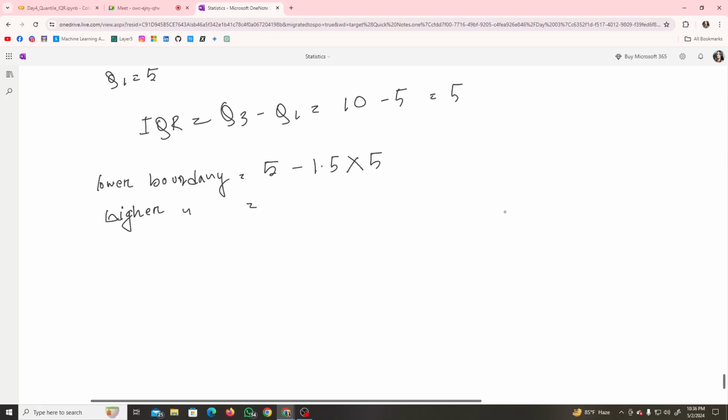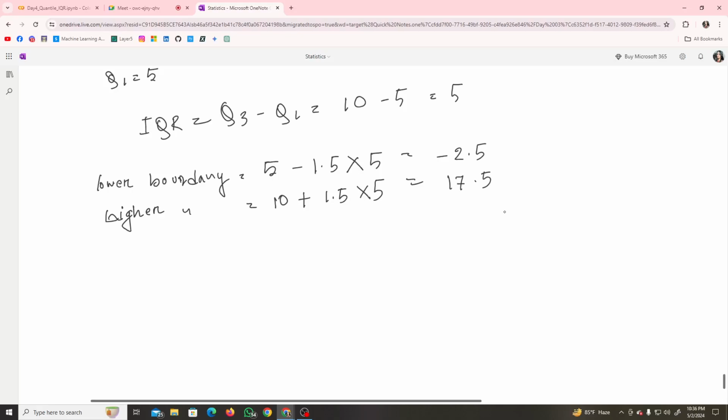And the higher boundary is equal to 10 plus 1.5 into 5. Let me quickly calculate it. 5 minus 1.5 into 5 gives us minus 2.5. And 10 plus 1.5 into 5 is equal to 17.5.